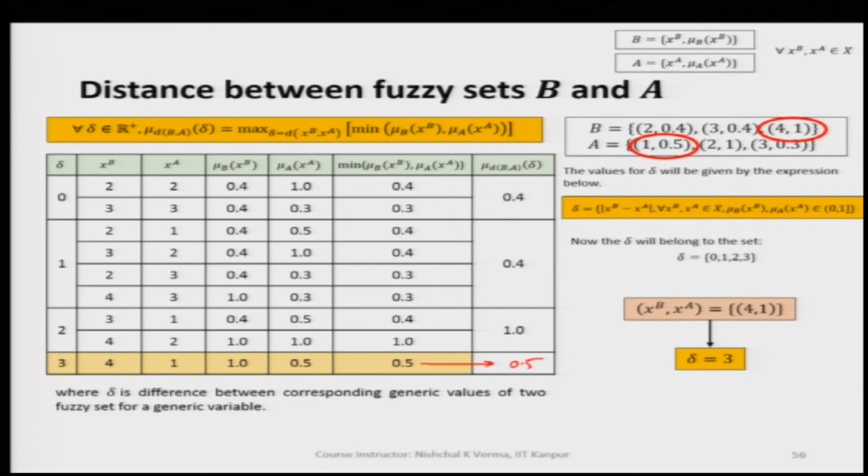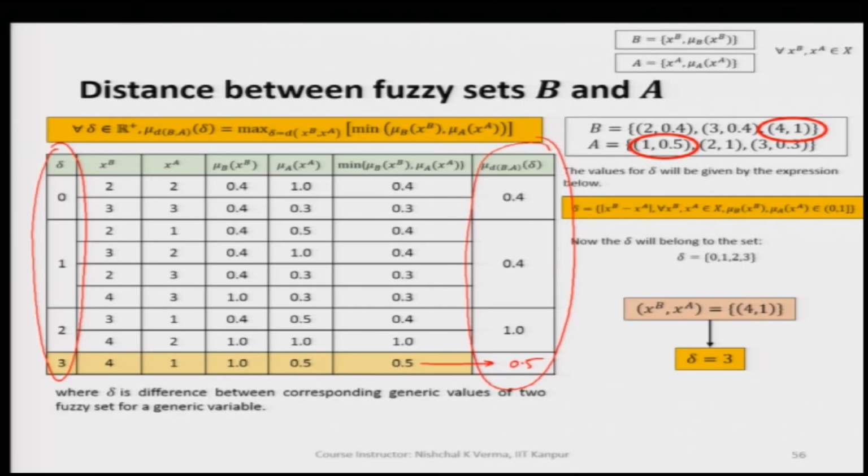And then, as we have done in the previous example, we take the first column, which is the delta column, and the second column, which is the mu d b comma a of delta.